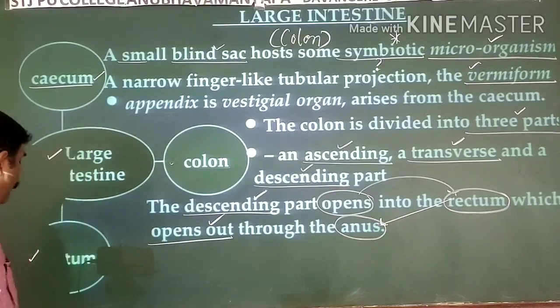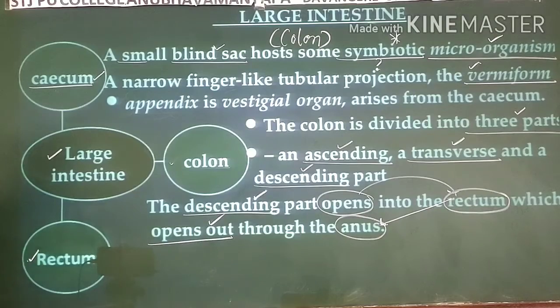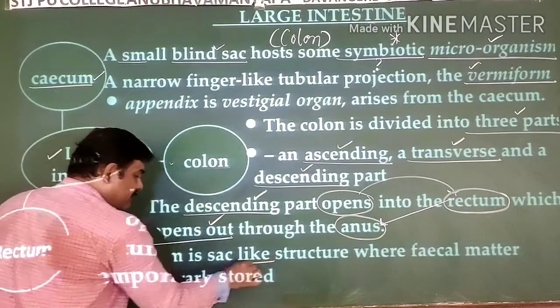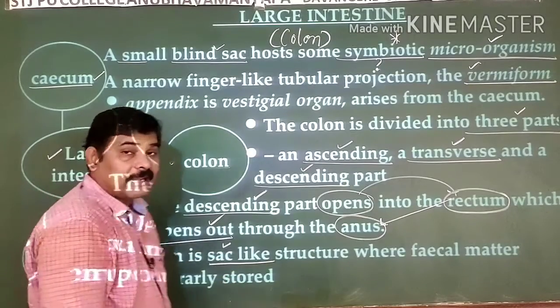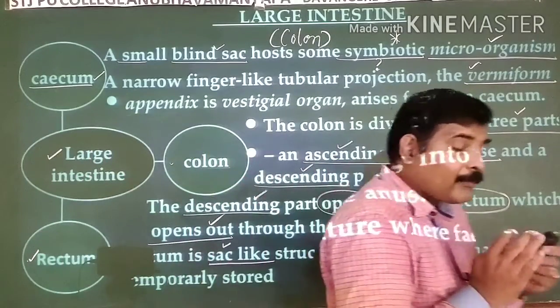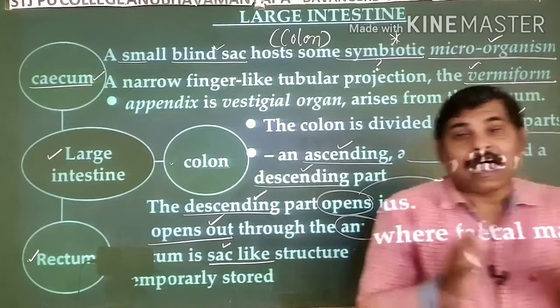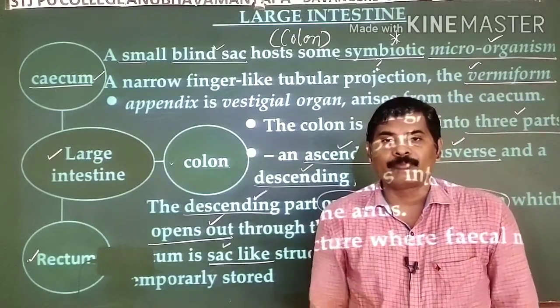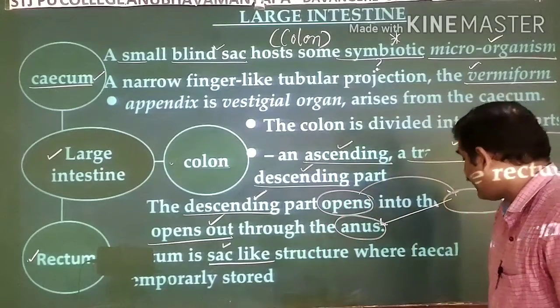This is the thing. Whereas coming to the last one, the rectum, when you see, the rectum is a small sac-like structure. It is a sac-like structure. Rectum is a place where the undigested fecal matter is stored for a little bit of time before the defecation takes place.